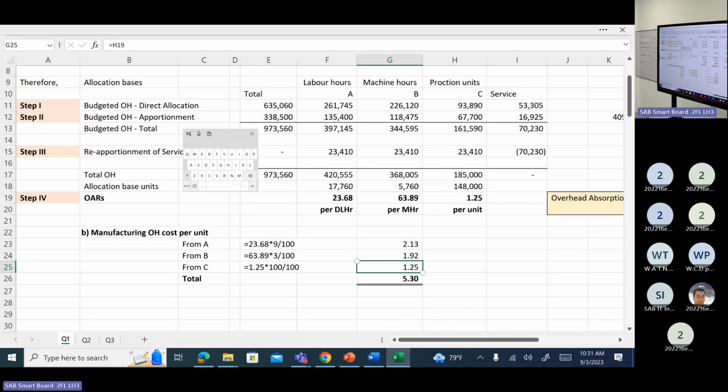We have not been given the product details. They say some product, and a batch of 100 is made. For that batch you need 9 labor hours from department A, the machine hours in department B, and we are producing 100 units from department C. Finally, the outcome is 100. So this is the manufacturing overhead cost per unit.